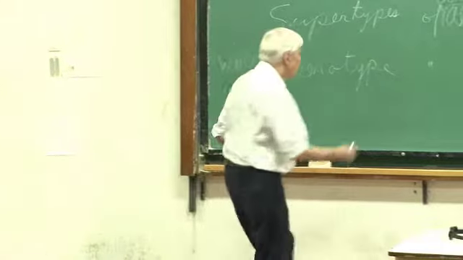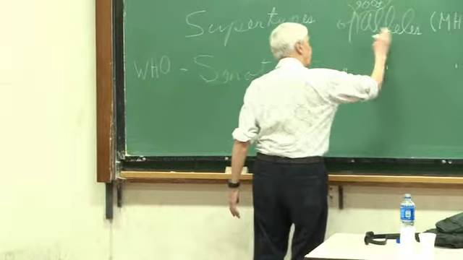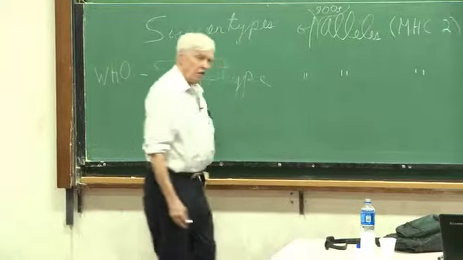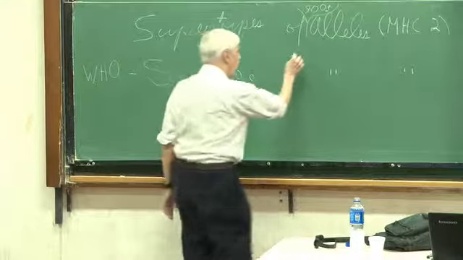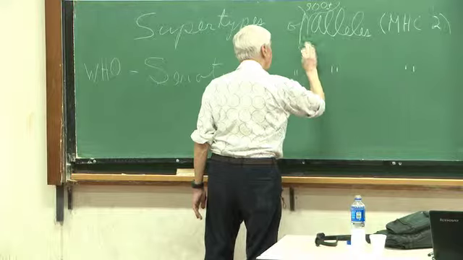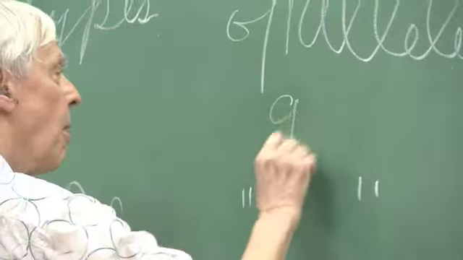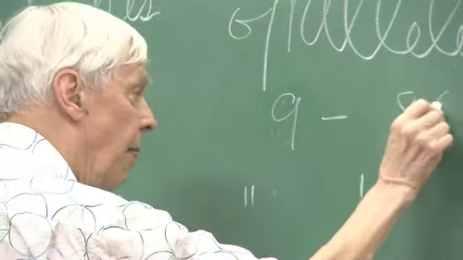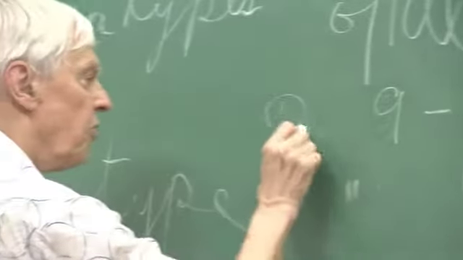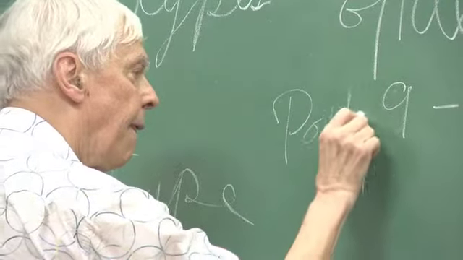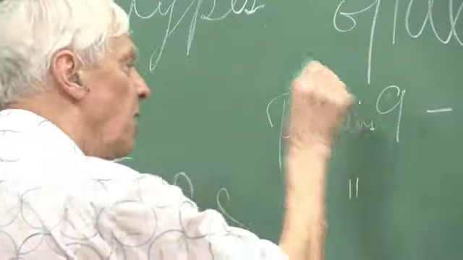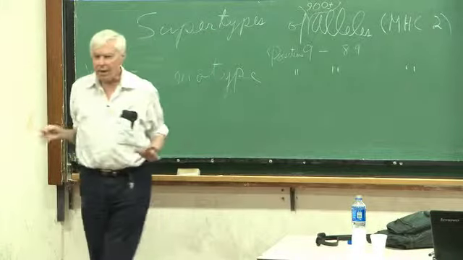So each of these alleles is given to us with a position, and we're looking at positions, I think it's 9 to 89. So these are the positions in a longer amino acid sequence.